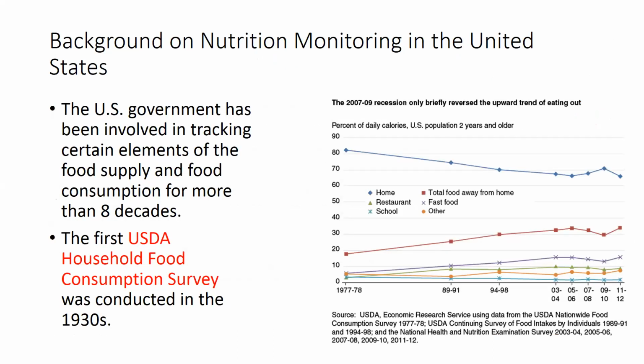We're going to do a little history lesson here, just so you kind of know when all of this started and the different names of the monitoring and surveillance systems. So the U.S. government has been involved in tracking certain elements of the food supply and food consumption for more than 8 decades. In fact, the first was the USDA Household Food Consumption Survey, and that started in the 1930s.